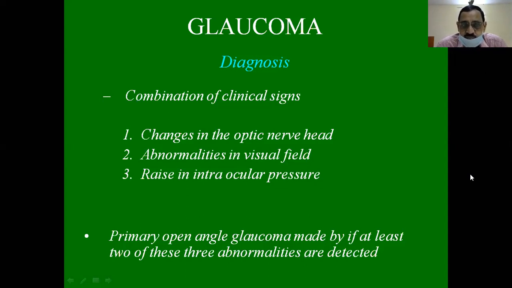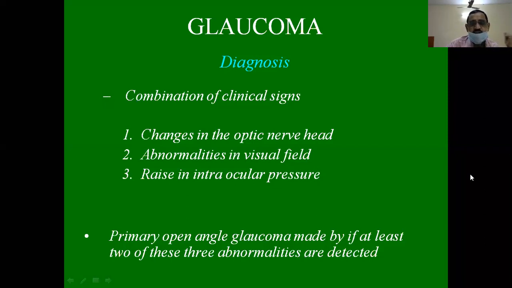Suppose these two do not yield a good result, in such conditions we do a combination of trabeculotomy with trabeculectomy, and in recalcitrant cases we may use glaucoma drainage devices.